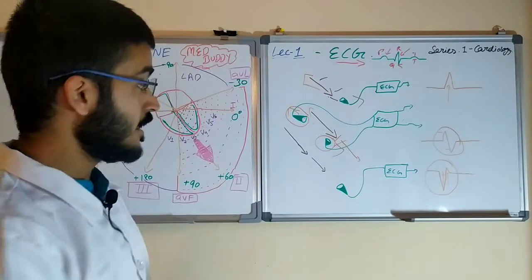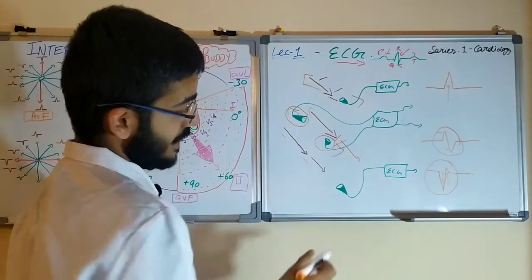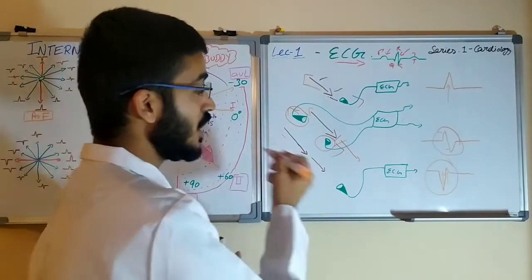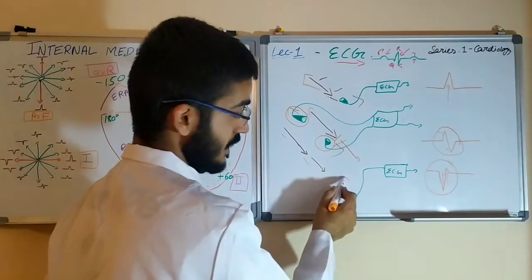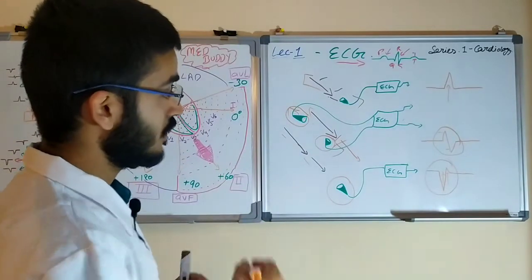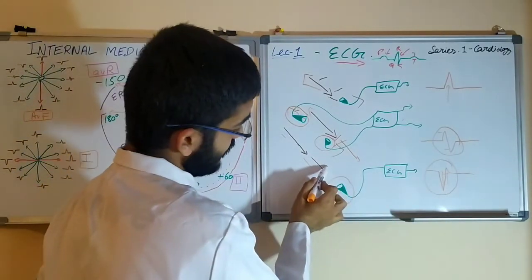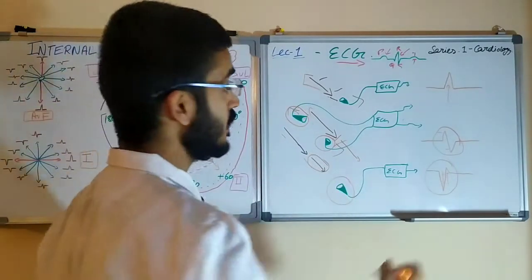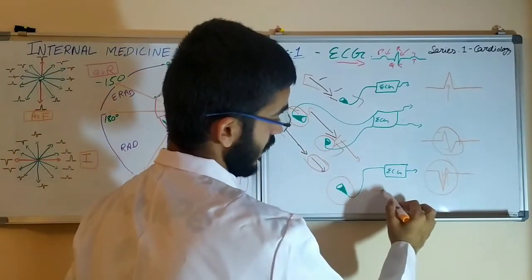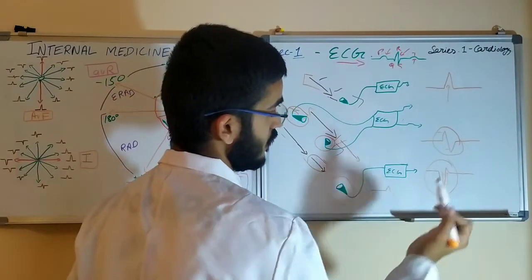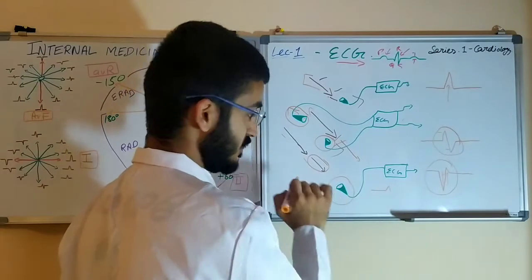Now let's see, the vector is coming in a pulsatile manner. How is it going to be presented by this lead, which is directly in the direction of this vector? First of all, this vector in the direction of the lead will be perceived by the lead and presented as a small magnitude, positive direction but very small magnitude.